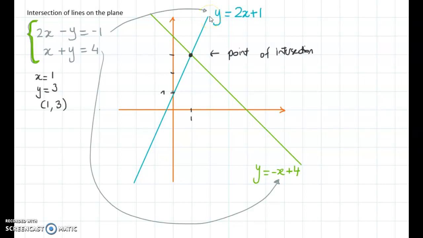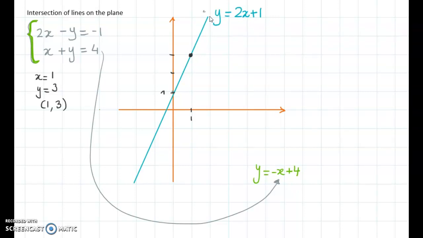I'm going to keep the first one of the equations, so I'll leave the line that I sketched there, but I'm going to change the second equation, so I need to add something else to my picture.